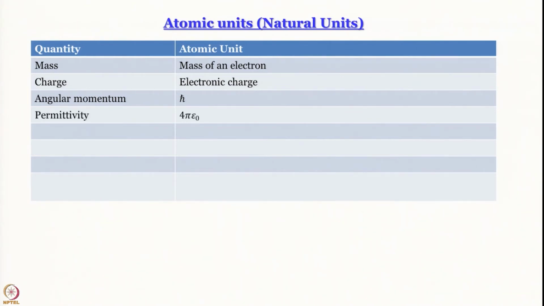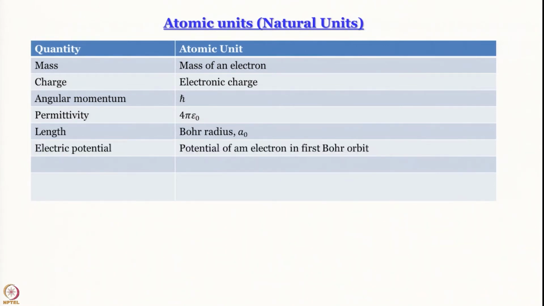Permittivity, we stop writing that annoying 4 pi epsilon 0, we set that to be 1 for now. Length is represented in terms of the Bohr radius. I have not written the expression, but we know what the Bohr radius is. Electric potential is written in terms of the potential of an electron in the first Bohr orbit.